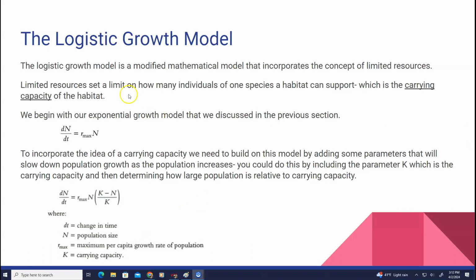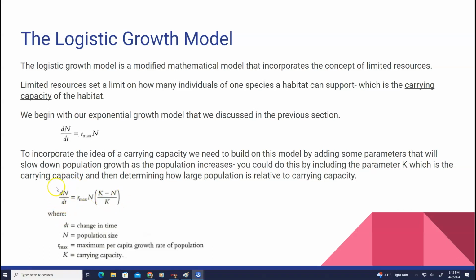We begin with our exponential growth model that we discussed yesterday, and then we're going to incorporate the idea of carrying capacity. In order to do that, we need to build on this model by adding some parameters that will slow down population growth as the population increases. You could do this by including the parameter K representing carrying capacity, and then determining how large the population is relative to that carrying capacity.